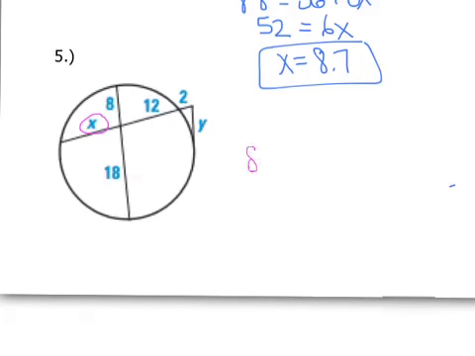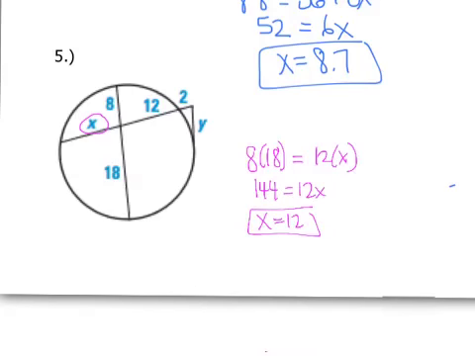So this will be 8 times 18 is equal to 12 times x. We can multiply this out and divide. We get that the value of x is 12. So I'm going to substitute. Instead of putting an x there, I'll write my 12 in.